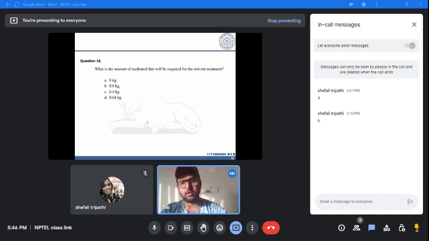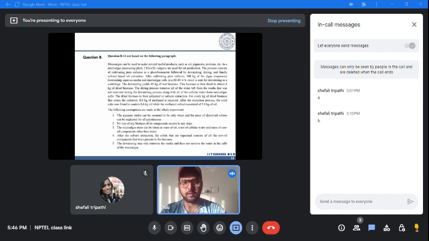What is the amount of methanol that will be required for the solvent treatment? So we'll go back to the question. For every kg of dried biomass that enters the extractor, 0.8 kg of methanol is required. We have 8 kg of dried biomass, and each kg of biomass will require 0.8 kg of methanol.